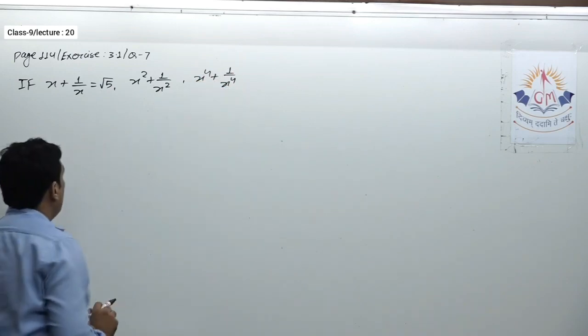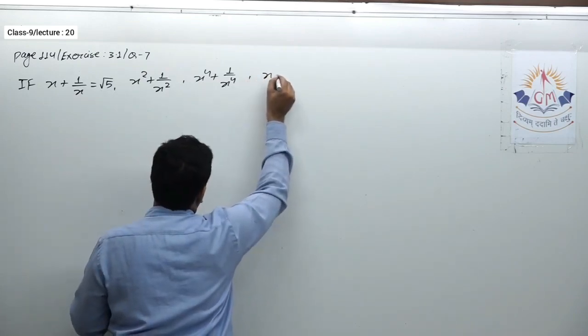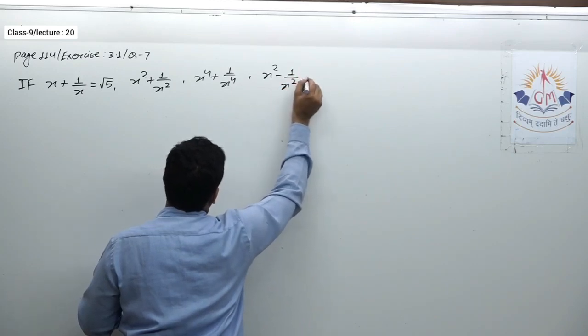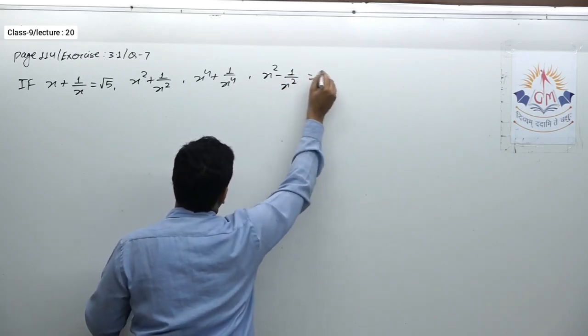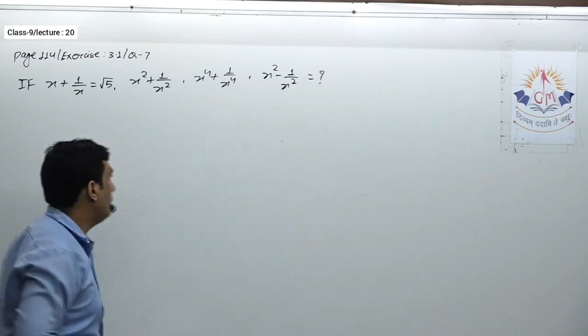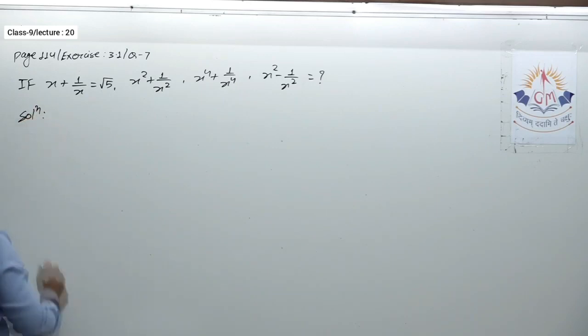Okay, here I am adding one more thing. Also find the value of x square minus 1 upon x square. These three we have to find. These two are given in the question. This I am adding on my own. Okay, so let us see how to solve this.